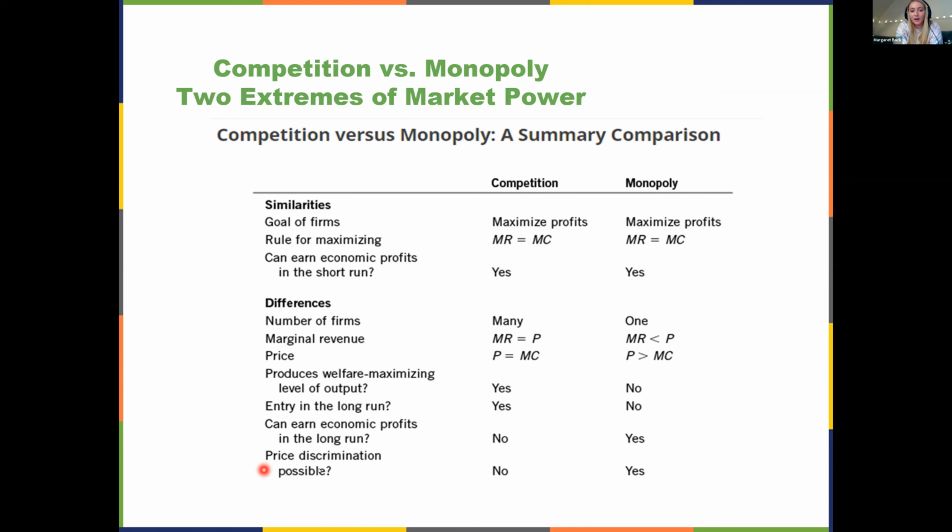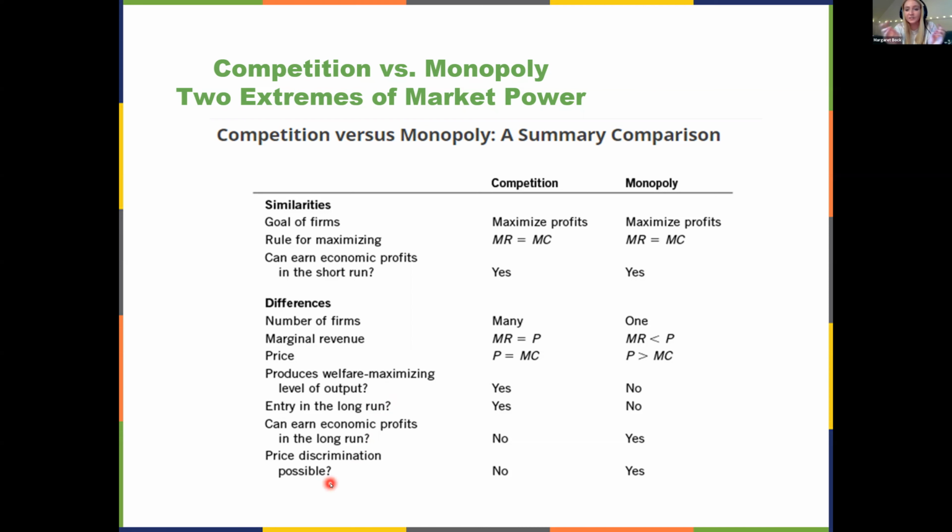And a monopolist is able to charge a different price for different types of people. If the monopolist is able to perfectly price discriminate, or know everyone's exact willingness to pay for this good that the monopoly is producing, then it gets rid of what we talked about, this deadweight loss.